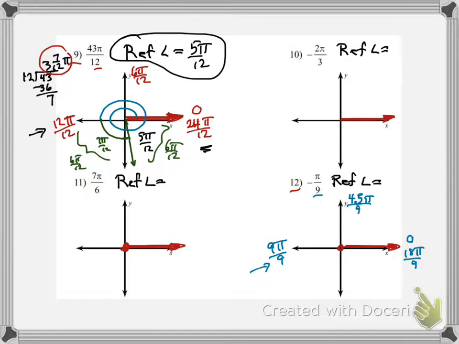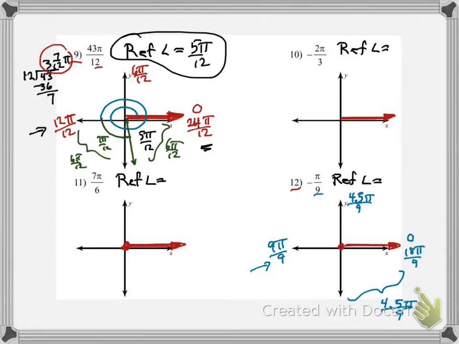So if I'm looking at this space, every quadrant has a space of 4.5 pi over 9. So if I want to go down just 1/9 of a pi, that means I'm going to go down just a little bit.